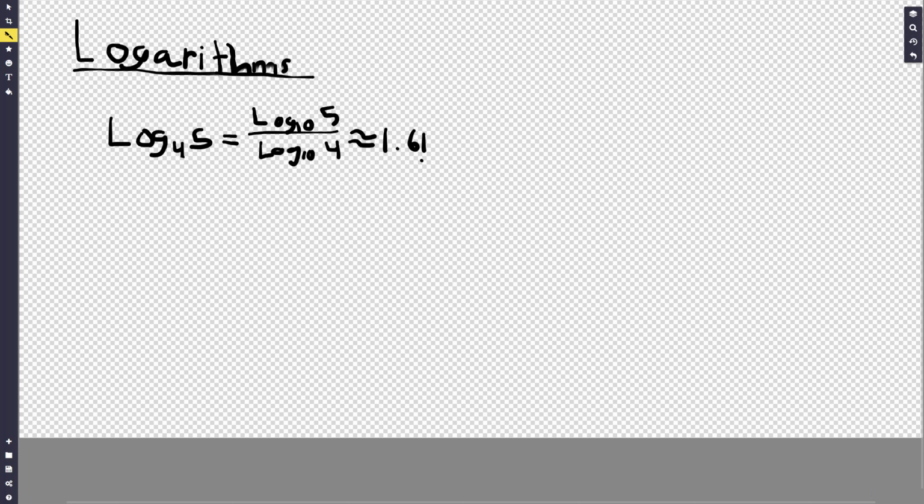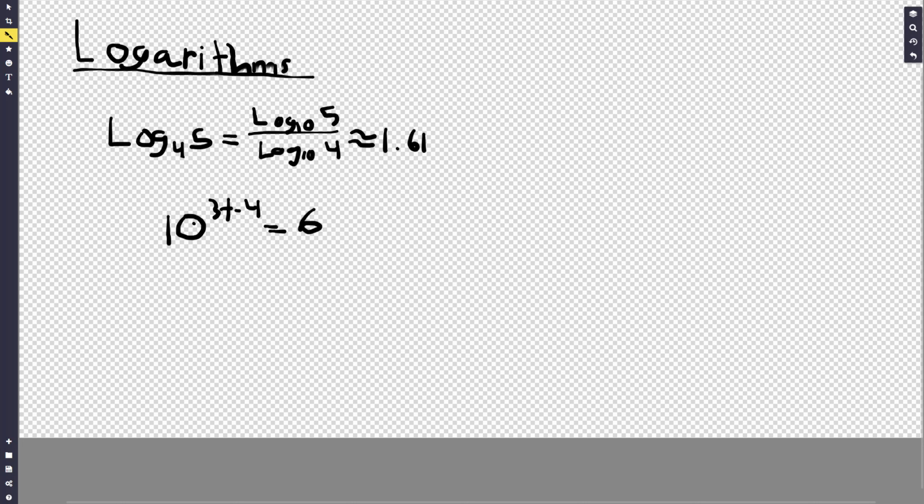Let's do another one. This is going to be a different type of problem. 10 to the power of 3t minus 4 is equal to 6. Remember how we were talking about how logarithms and exponents are related in some way.